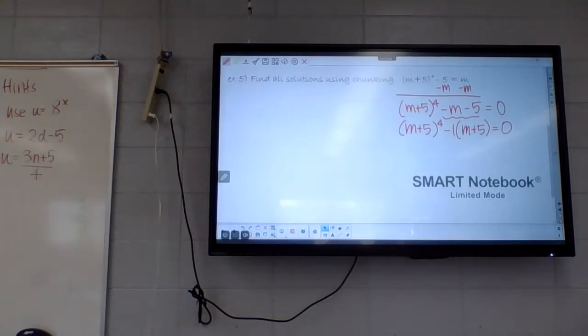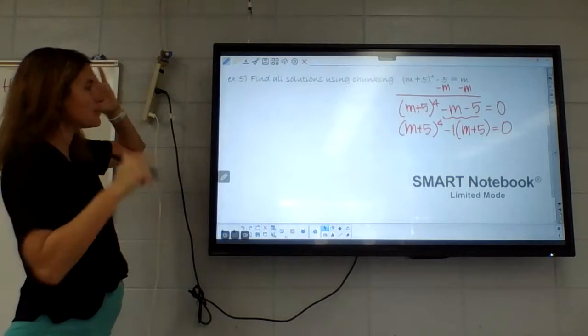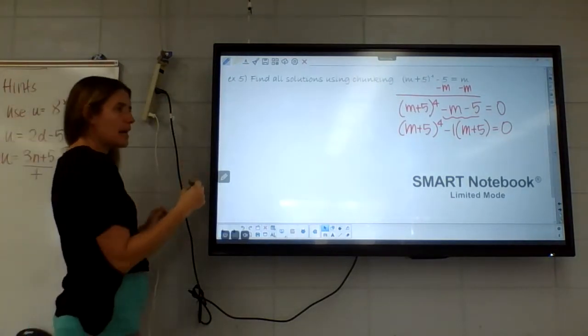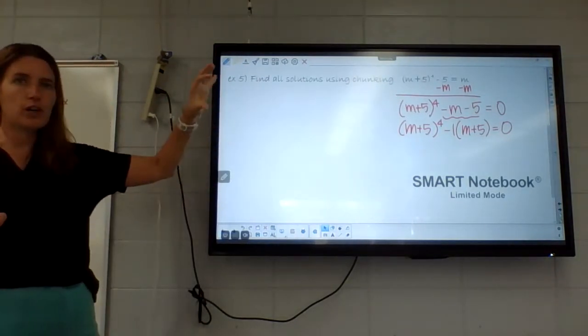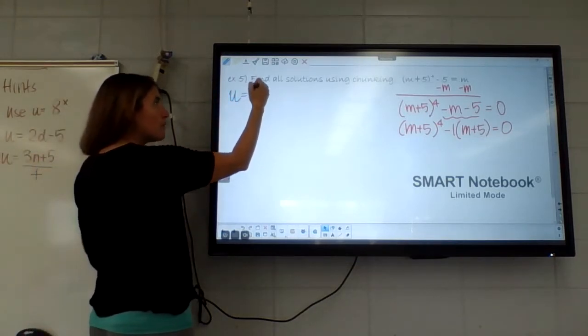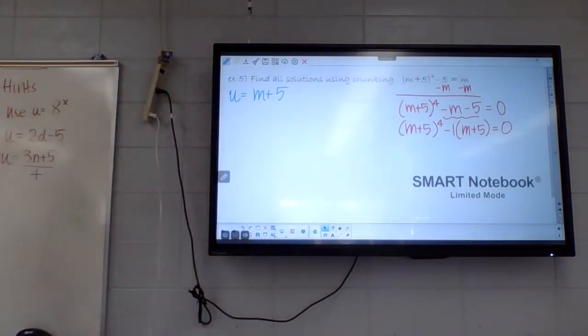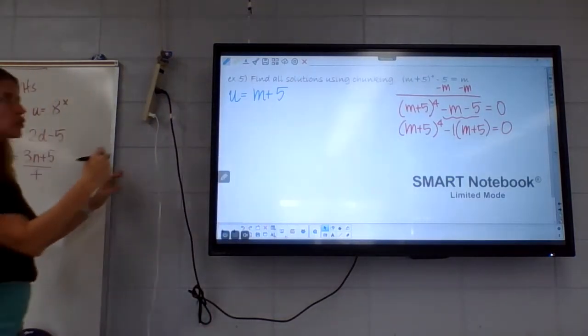So what we're going to do is, they say, find the solutions using chunking. And what I mean by chunking is I'm basically going to say that m plus 5 to the 4th power is too complicated. So I'm just going to pick a variable u equals m plus 5. So this is going to be my chunk.